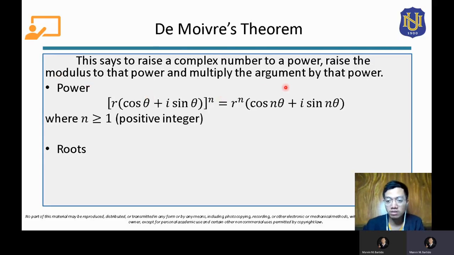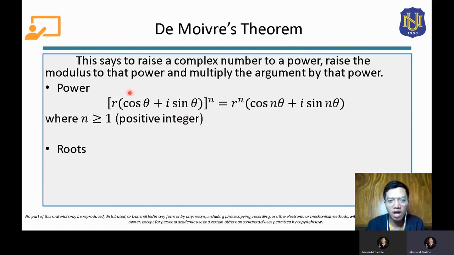So what are the forms of complex numbers that have a modulus and argument? Those are the trigonometric form, polar form, and exponential form. I'll repeat: trigonometric form, polar form, and exponential form. Those are the forms we need to apply Moivre's theorem.